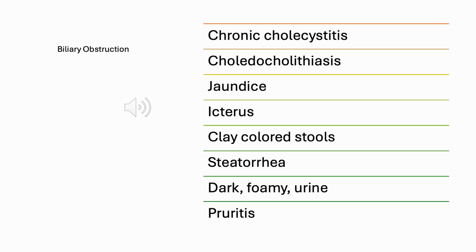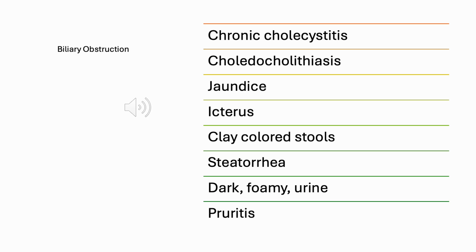Remember, the liver makes the bile, the gallbladder stores it. In either event, the flow of bile is going to be obstructed. So therefore, the bile salts leak into the skin and cause yellowing of the skin and intense pruritus. Also icterus, which means yellowing of the sclera of the eye.